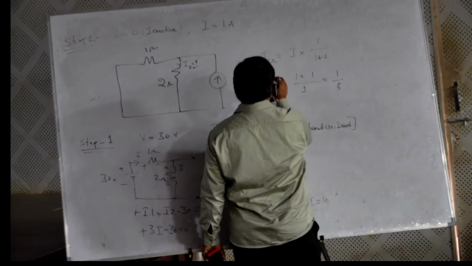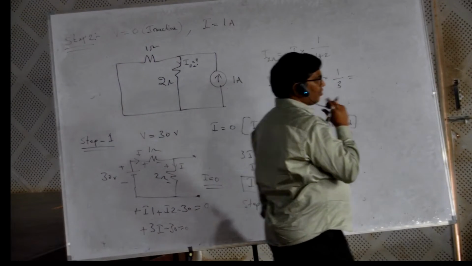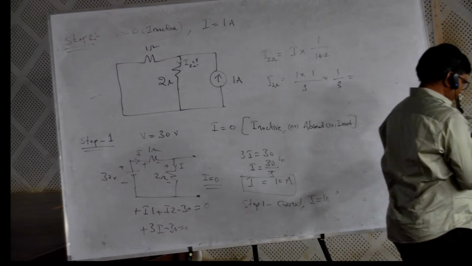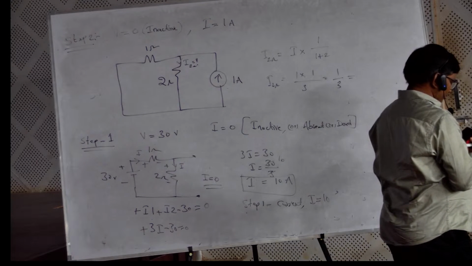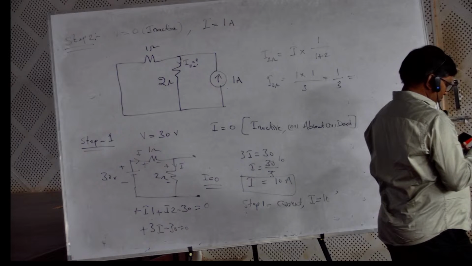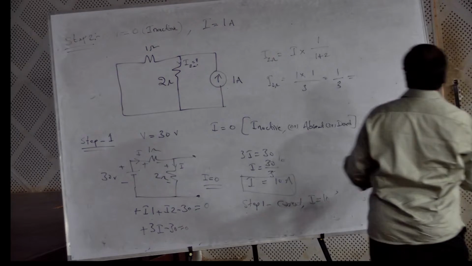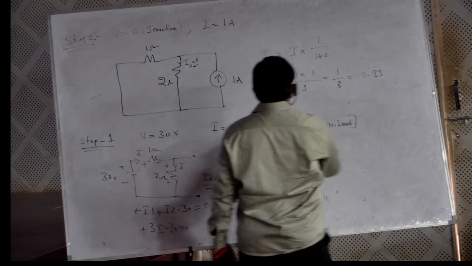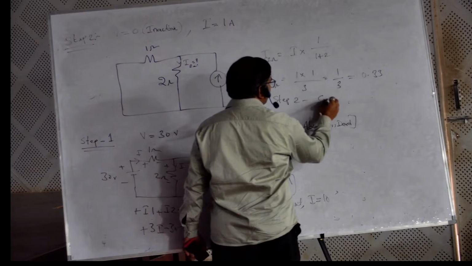How much is it? 0.33. So this is the step 2 current.